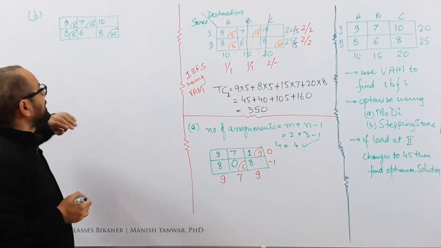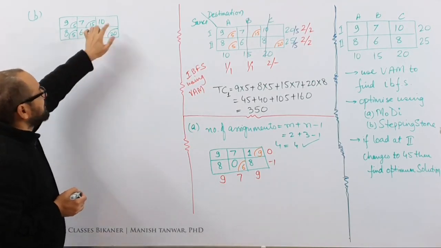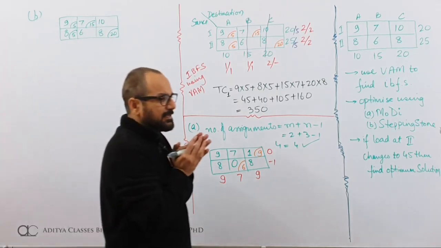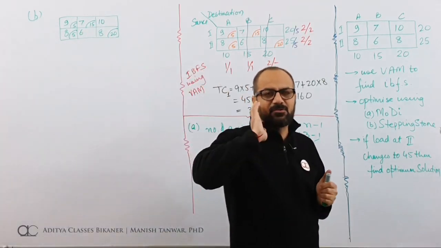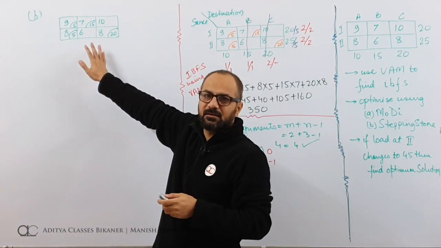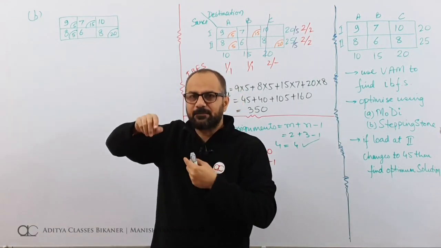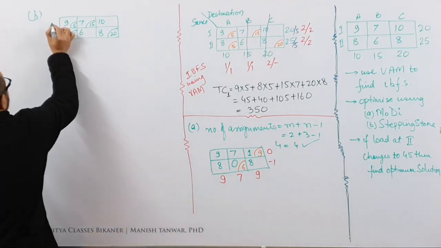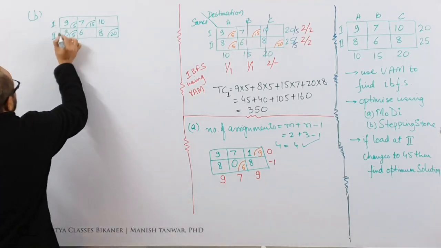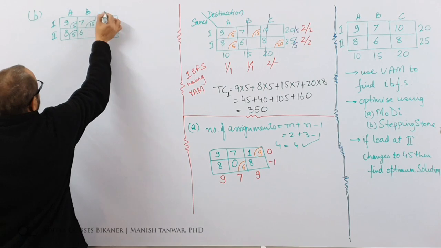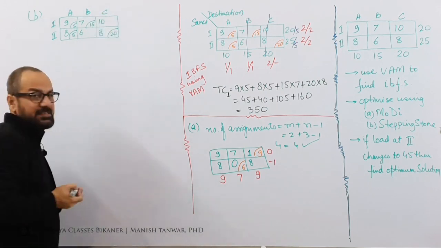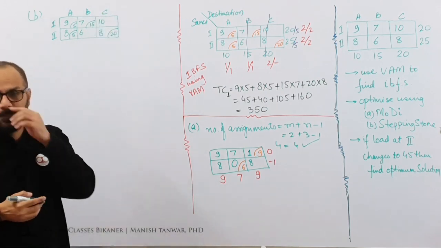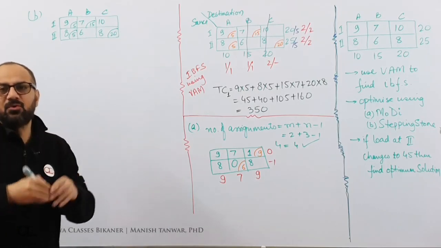Now what is the stepping stone method? For the unassigned cells, I have my IBFS, I have my possible best solution here. Now I'm exploring that I've left this cell empty, I've left this cell vacant, first C. What if I put some load over here?